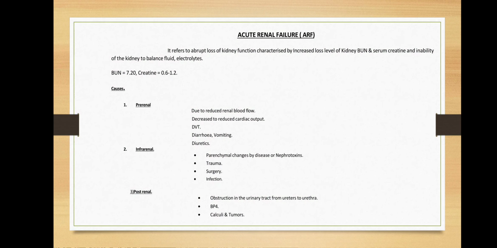Acute renal failure. When a patient suddenly gets renal failure, it is an acute renal failure, such as the patient's creatinine will increase, there will be anuria or oliguria, and BUN will increase. Pre-renal conditions: due to reduced renal blood flow, decreased cardiac output, DVT, diarrhea, vomiting, and diuretics not being taken properly.